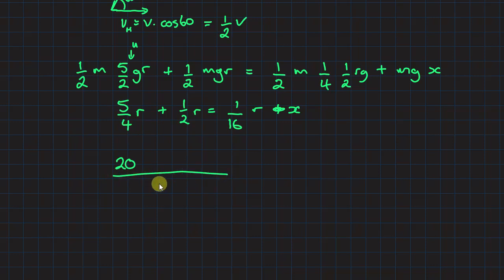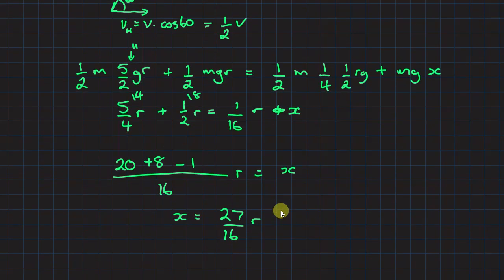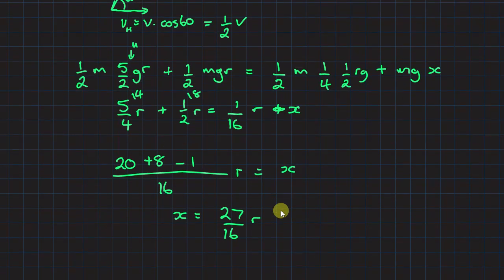You want a common denominator of 16. Multiply by 4, multiply by 8, and then subtract the 16ths. All of those with a common r is x, and simplify the fraction. Gives me the same 27/16 r that I got using SUVAT. Okay, so that's two methods for solving part C, which is where people had problems with this question.